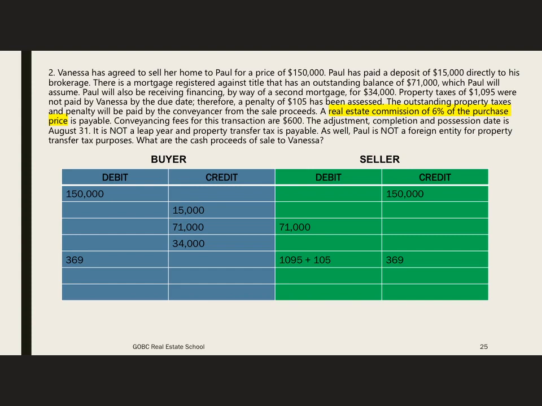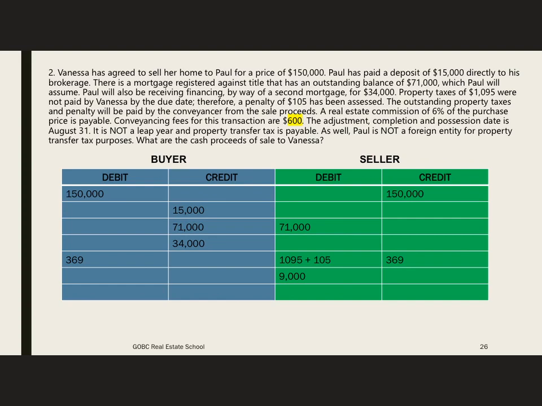It doesn't say so, but the seller is the one who would almost every time pay that real estate commission. So we would debit that to the seller, and it's not going to show up for the buyer. So $9,000 is the 6% of the $150,000 purchase price, and you see that it is in the debit column for the seller.